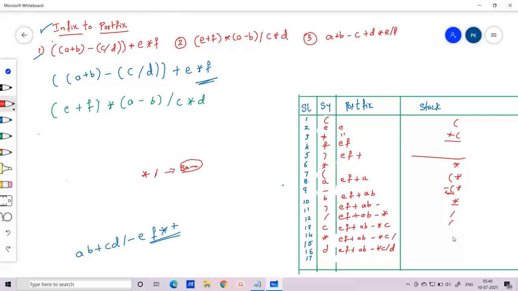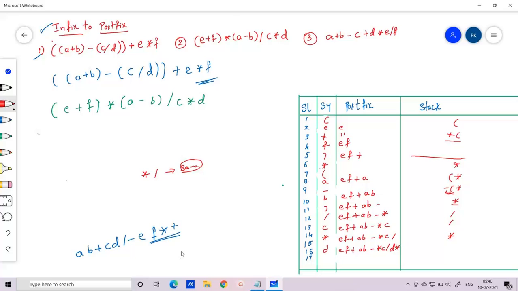See, we have added this multiplication symbol into the stack. Once I remove divide by and write it into postfix, multiplication will be added onto the stack. So this is the last operator we have. If I write that operator out of the stack, this will complete our infix to postfix expression.